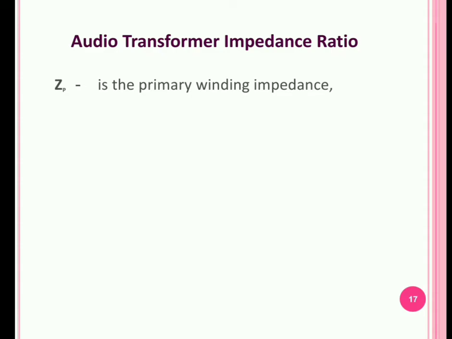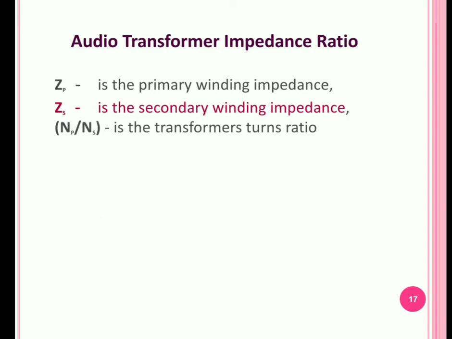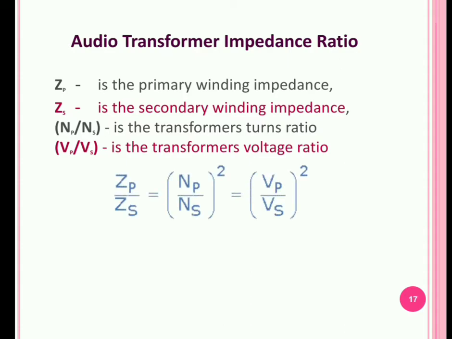Zp is the primary winding impedance, and Zs is the secondary winding impedance of the transformer. Then you have the ratio Np by Ns as the transformer turns ratio, and Vp by Vs is the voltage ratio. From the earlier relations we conclude that the ratio of the primary impedance to the secondary impedance is equal to (Np by Ns) whole square, that is the primary turns by secondary turns squared.